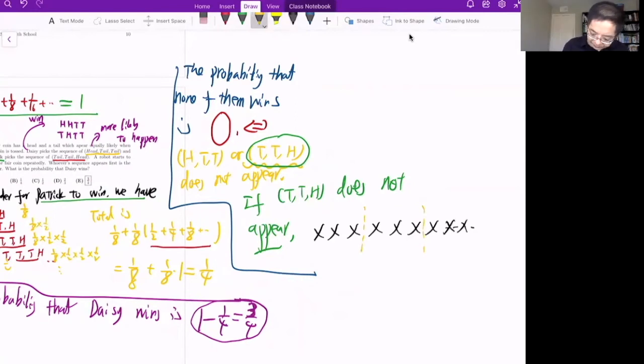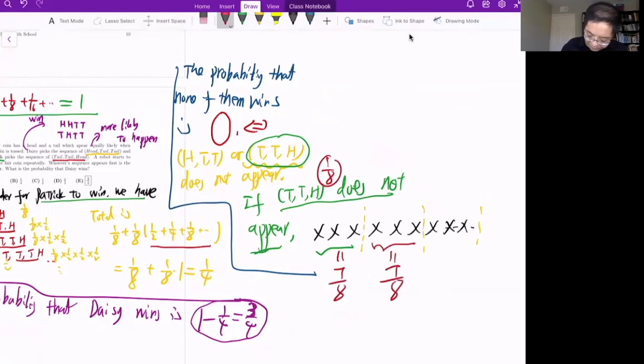If this one does not happen, then the probability for each group of 3 is 7/8, because the probability for this one is 1/8. So this is 7/8, this is also 7/8, this is also 7/8.